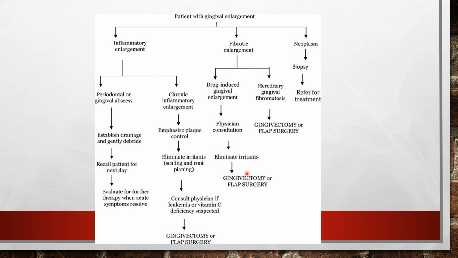If enlargement persists after scaling and root planing and substitution of the causative drug, they can go for gingivectomy or flap surgery if needed. For hereditary gingival stomatitis, because of the increased fibromatous content, they can go straight away for gingivectomy and flap surgery for aesthetic purposes.